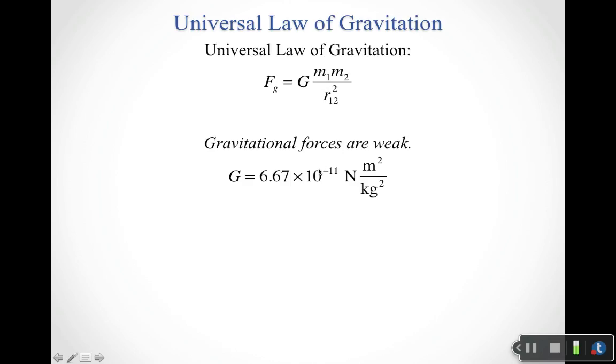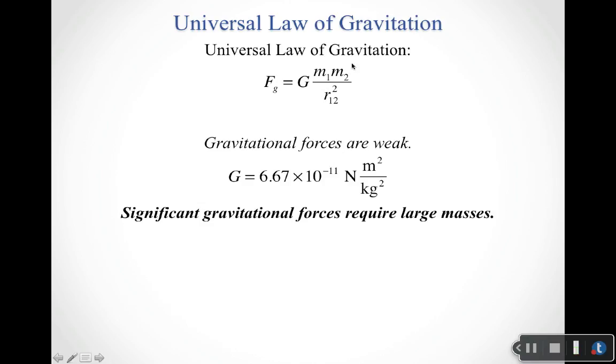So this is incredibly tiny, and because it's so tiny, gravitational forces end up being very weak. If you want to feel gravitational forces, you've got to have large masses. That's why the only gravitational force that matters for us is the gravitational force due to the Earth. The Earth is our closest large mass.